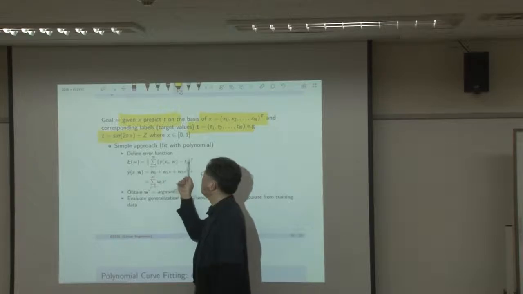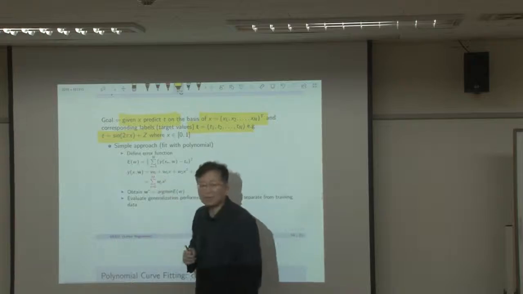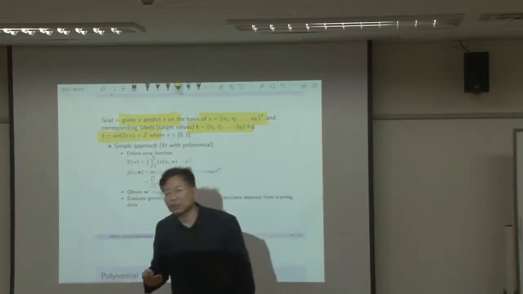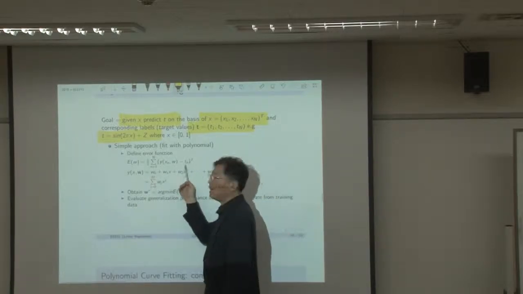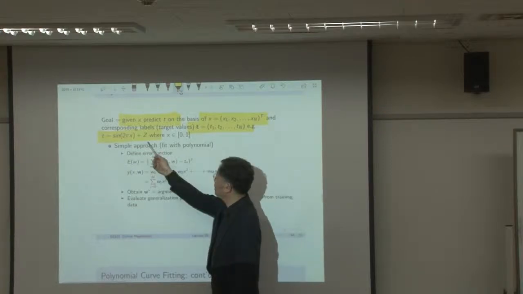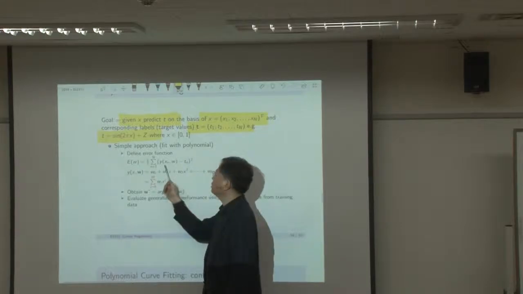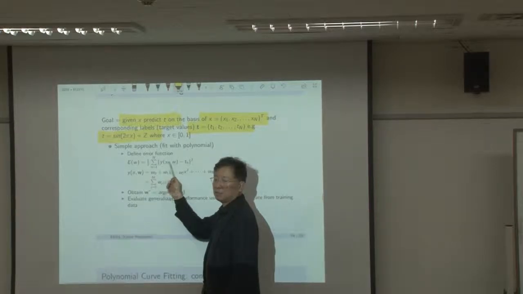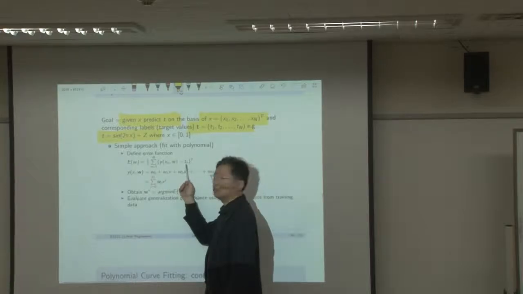Here is the t value that we're trying to predict. Let's say y is our prediction. This is the notation that they use, so sorry about the confusion. Tn is the value for some xn, and my prediction is going to be based on xn, and it's going to use the parameter w, to make my prediction for Tn.